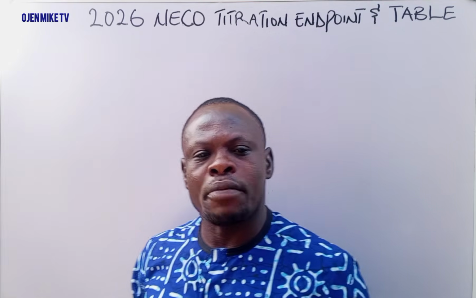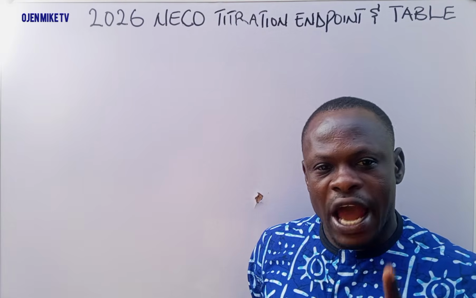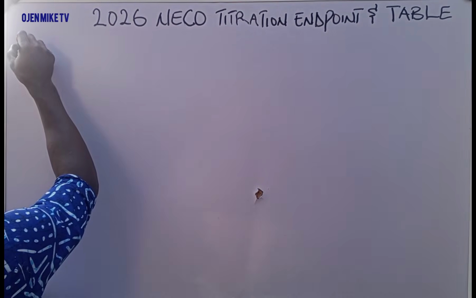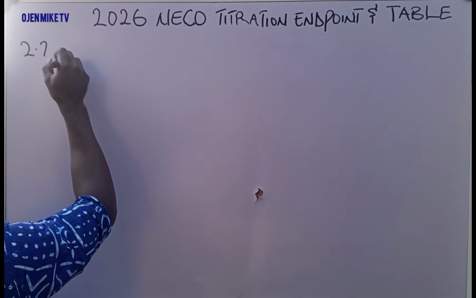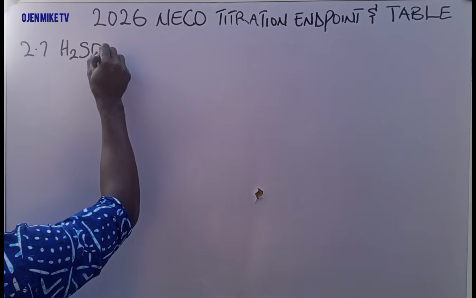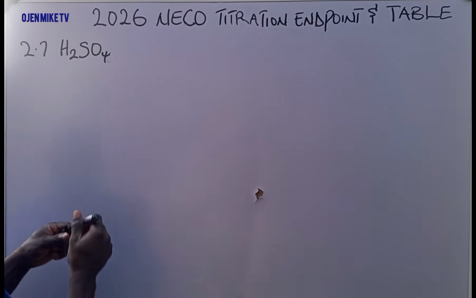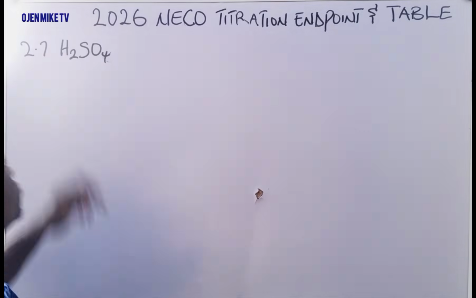Now, how do you determine the endpoint and probably the table? We are given the acid. The acid given is H2SO4.